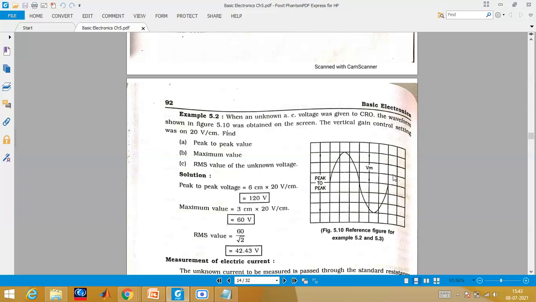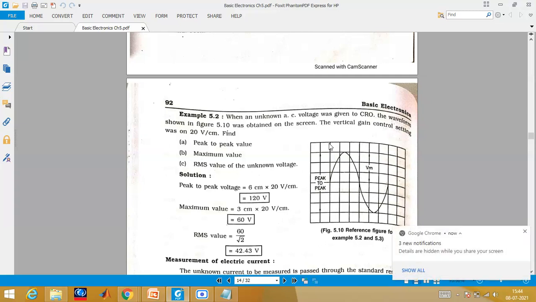I can consider this line also to be a reference line, but you must understand that you have to consider as the x-axis reference line the one which starts the signal from 0 and also terminates at 0. Looking at all these horizontal lines, this line is the best if I select it as the reference line. So I am designating this line as the x-axis reference line. This you can also consider to be the y-axis reference line, or you can consider this one. It is up to you.